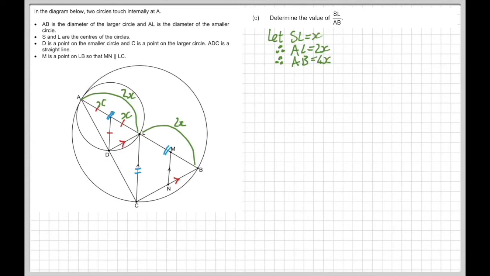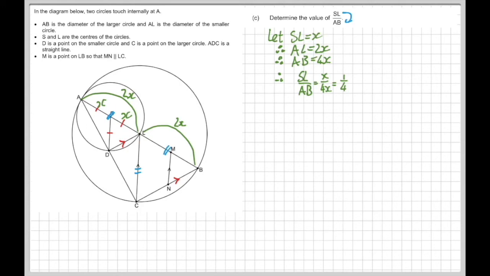I hope that you're seeing what I'm doing. I'm starting at SL and I just relate constantly to how I can get towards AB. Which means SL over AB is X over 4X. And the X's divide away, leaving me with 1 over 4.